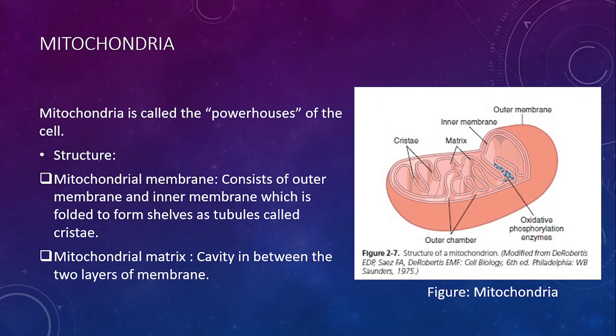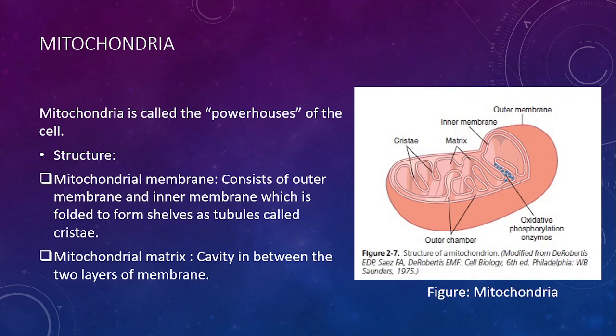Now coming to the mitochondria. Mitochondria is called the powerhouse of the cell. Why powerhouse? Because it provides power or energy to our body. How? Because our body cannot utilize glucose, protein, or lipid, etc. It can only utilize ATP.